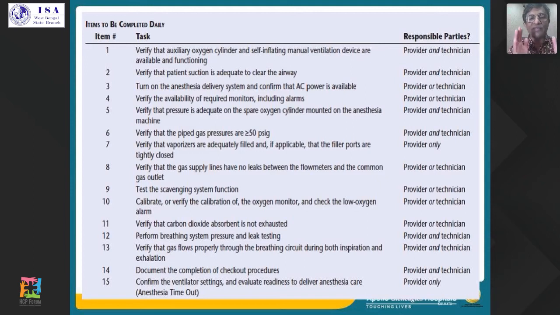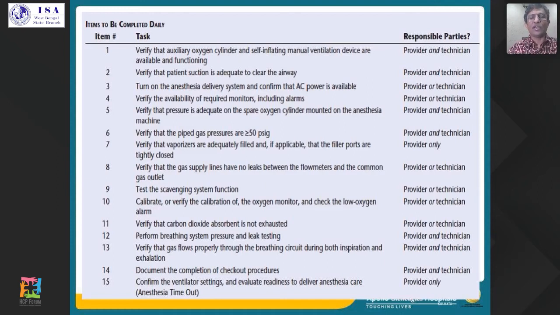There are 15 things that you need to do. A few things your OR technicians can do, but I think all of them need to be supervised by you: whether there is an auxiliary oxygen cylinder, the ventilatory settings, the checkout procedures, scavenging systems, etc.